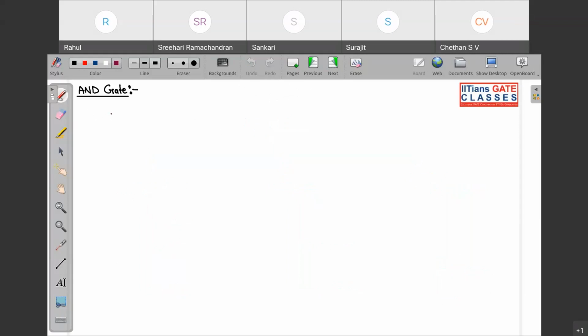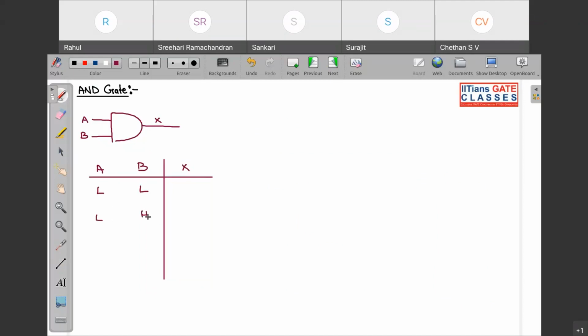So what is the AND gate? The AND gate is represented like this. If I want to draw the truth table, what is a truth table? A truth table is basically the combination of all the inputs and outputs for a logic gate, or a logic circuit.